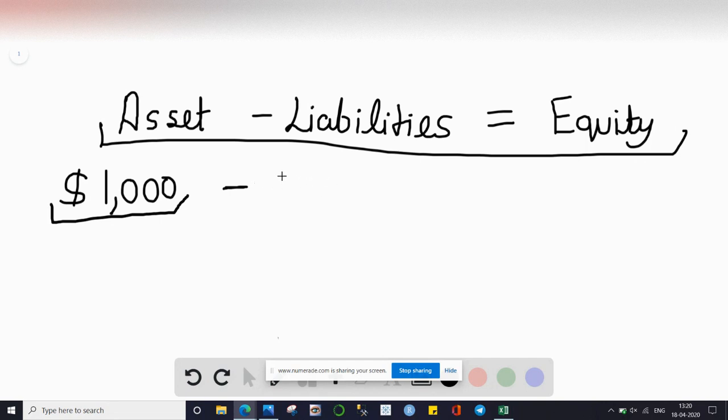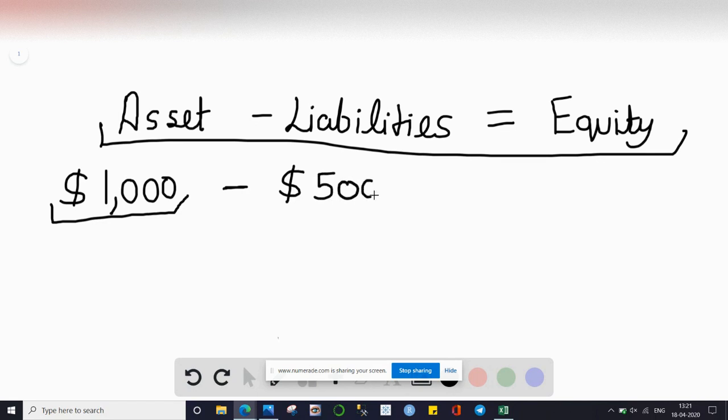So we have generated liabilities: we have not paid the amount to our supplier for which we have availed the benefit. A liability is an amount which has not been paid off, for which we have availed the benefit.